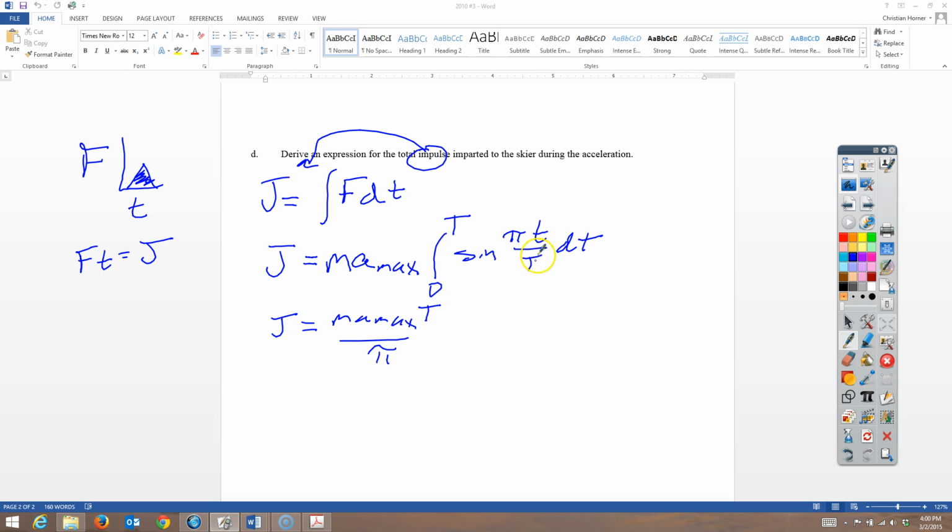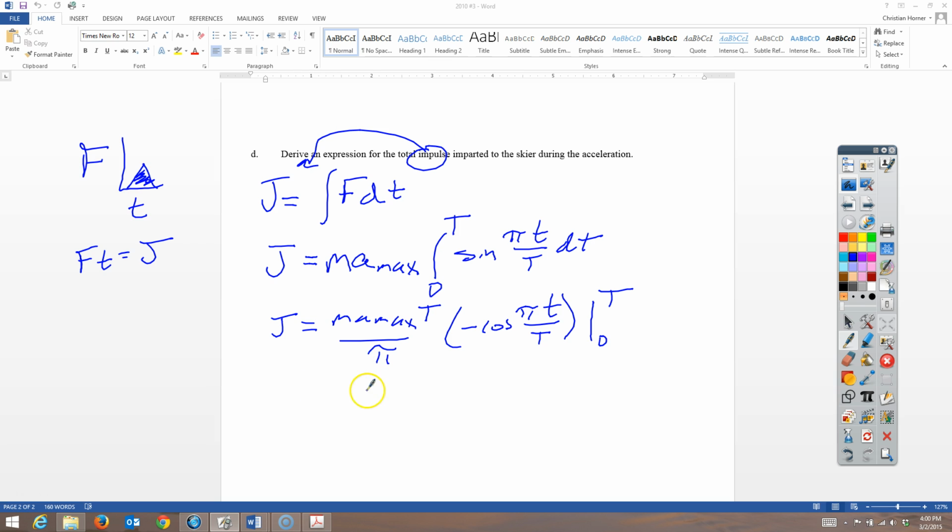So that's what we've done on this side, is we've just switched it. And we're going from sine again back to negative cosine. And we go ahead and put in our variables that we had before. And we know that we're evaluating this integral from 0 to capital T this time.